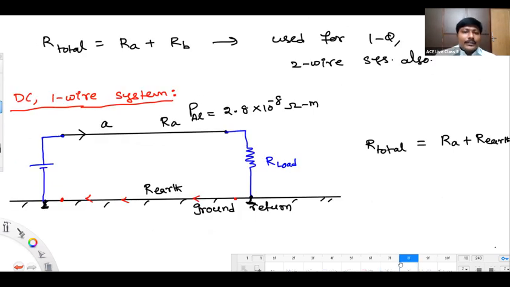Next one, DC one wire. Is it practical? Yes, it's also practical, and it's sometimes known as monopolar HVDC line. We have these lines also in India. So bipolar HVDC line is practically DC two wire, and monopolar HVDC line is also practical, DC one wire.